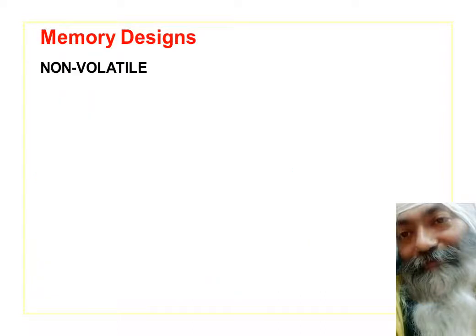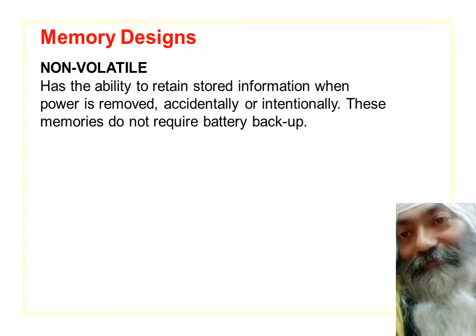Now we come to the non-volatile kind of memories. These are the memories where even if the power is removed, either accidentally or intentionally, the information is not lost. So these memories do not require any battery backup. That is why they are called non-volatile memories.